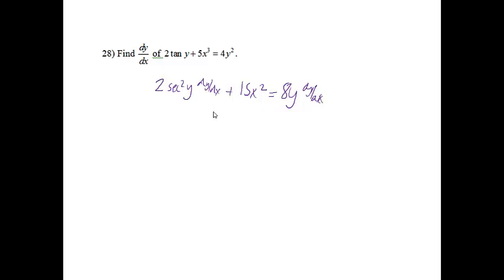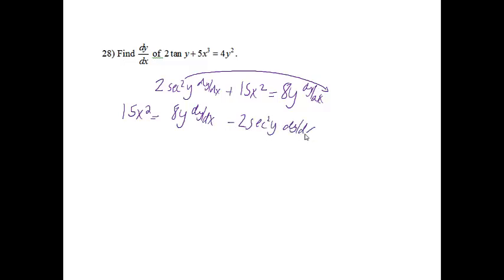All right. Everything that has a dy dx needs to stay on the same side. I think I'll personally move that over to the other side by subtracting it. So I will now have 15x squared equals 8y dy dx minus 2 secant squared y dy dx. I now notice they both have a dy dx, so I'm going to factor that out. So I'm going to have 8y minus 2 secant squared y.